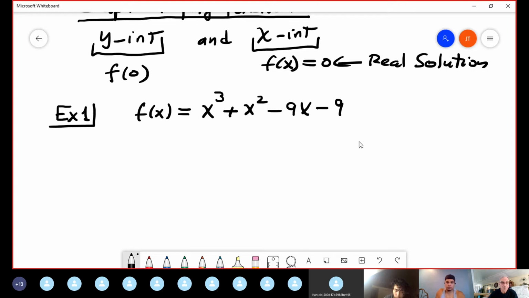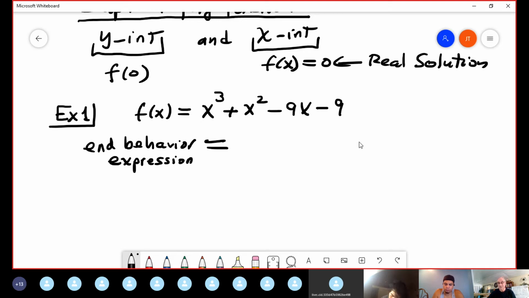Let me review a little bit the end behavior expression. Who can help me? What is the end behavior expression for this polynomial? Please tell me using the chat.